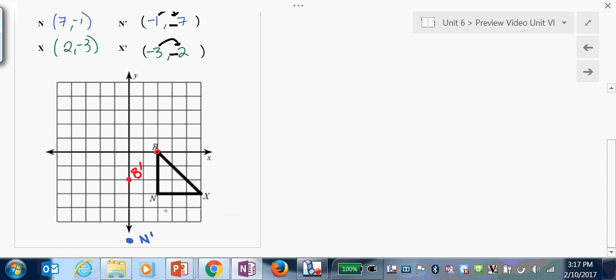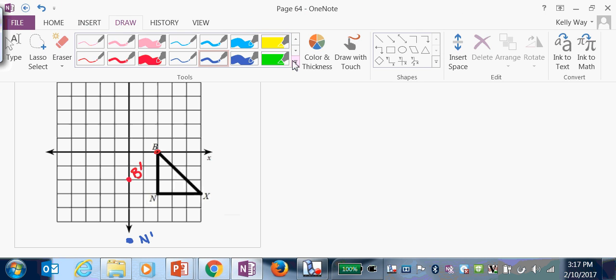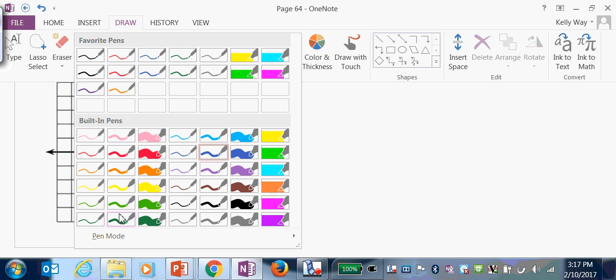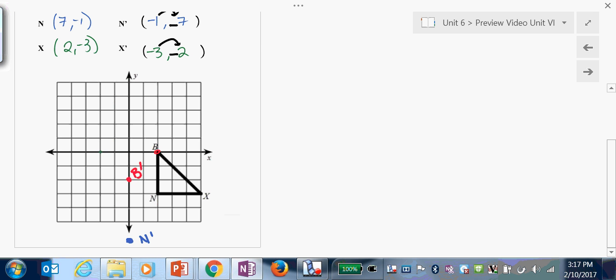That's sub N. And then we have -3 and -2. And connect. Once again, it's a little hard to see where the rotation is here. But the best way to do this is to choose any 2 points.